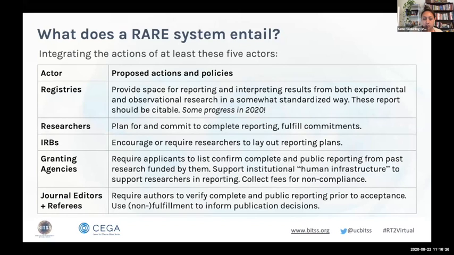I think it's possible to argue that also includes extending those benefits to the public. So if you're doing research that is supposed to be informing public policy or public health decision making, programming, then it's arguably your responsibility to make sure that these results are available to the people who actually use it.